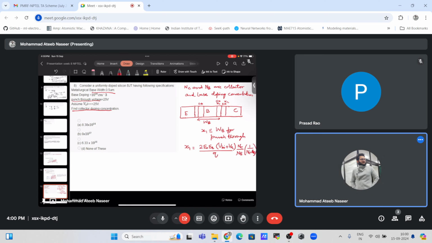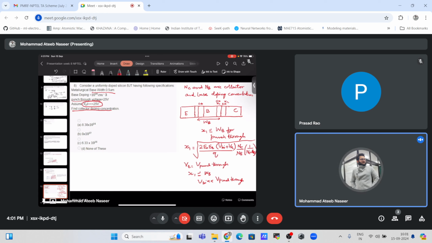This whole is under the square root, and at Vr equal to V punch through, x1 is approximately equal to the depletion width. This will be at the punch through, and also this VBI will be much less than this V punch through, and it is given in this problem as well, because VBI will be much less than 25 volts.